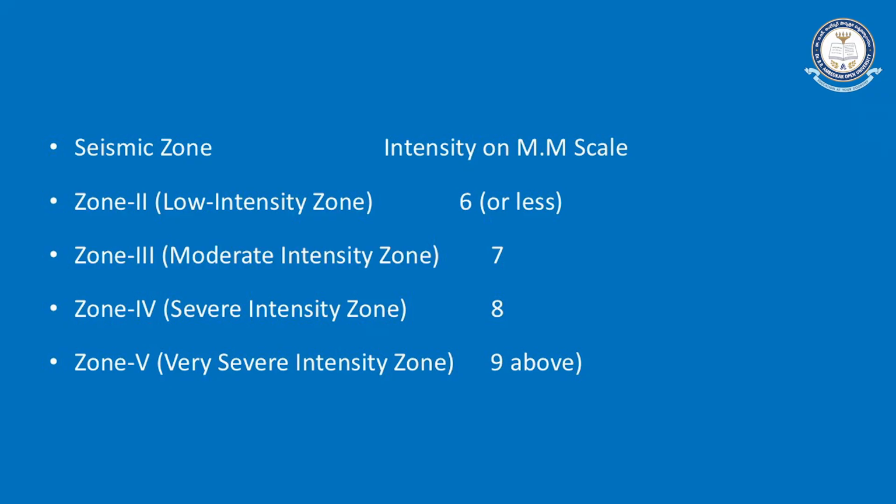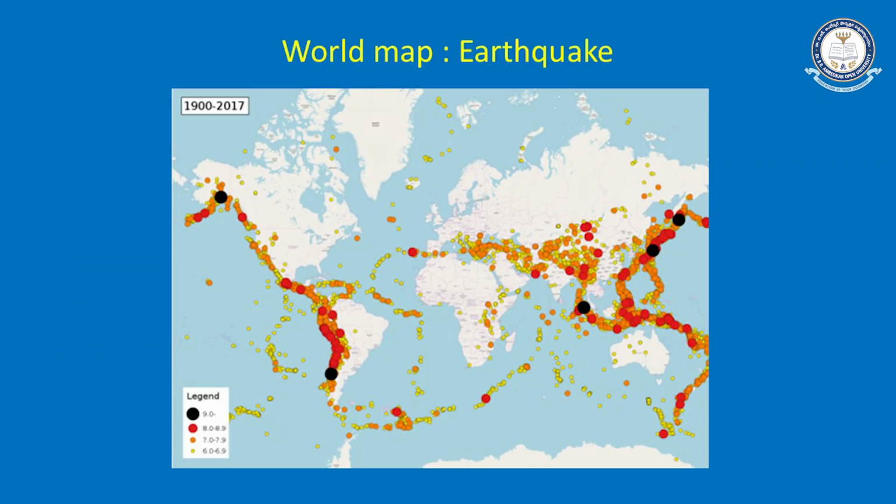This is a world map wherein we can see the zones falling very close to the plate boundaries. This is the mid-oceanic ridge, where we have very mild earthquakes, whereas, as we have already said, the Ring of Fire carries the highest amount of earthquake zones, and all the red spots are above 8, which are very intense earthquakes.